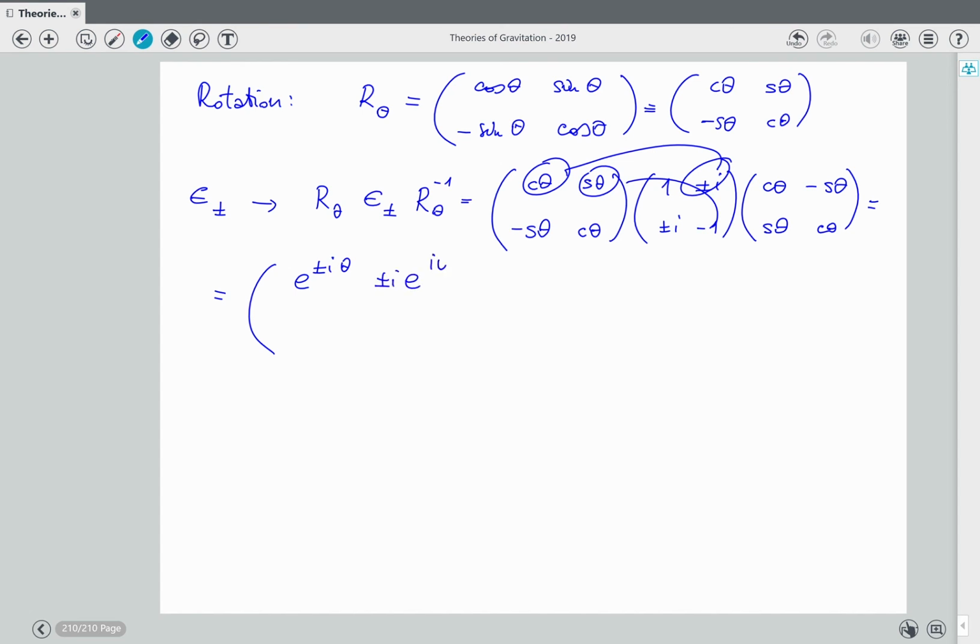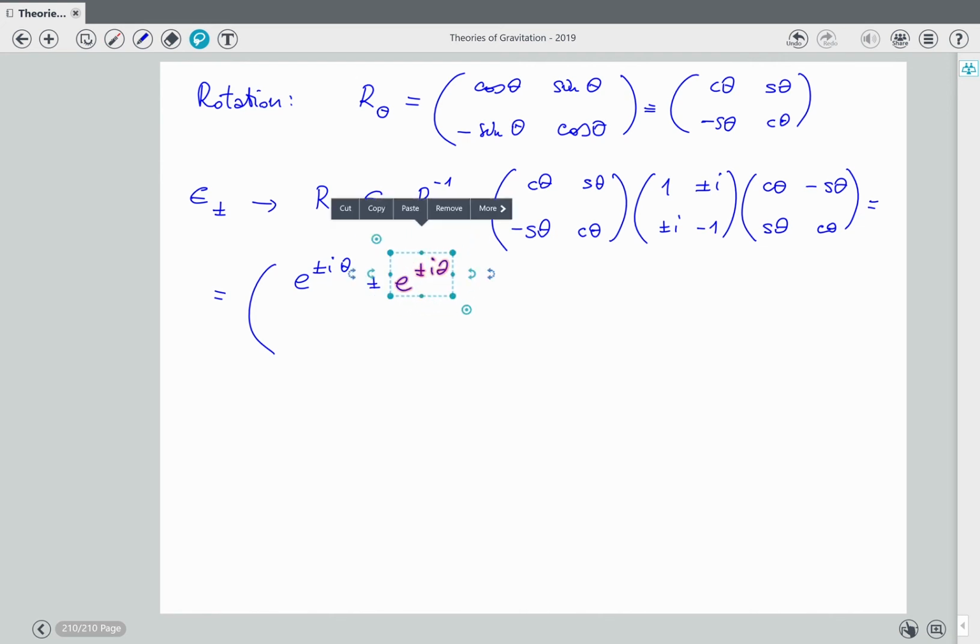It will be plus or minus I theta. You can check it because the sine part, okay, I should have first cancelled the other thing. Plus or minus I. Because this is cosine theta plus or minus I sine theta, plus or minus is plus or minus, and so you have a minus.